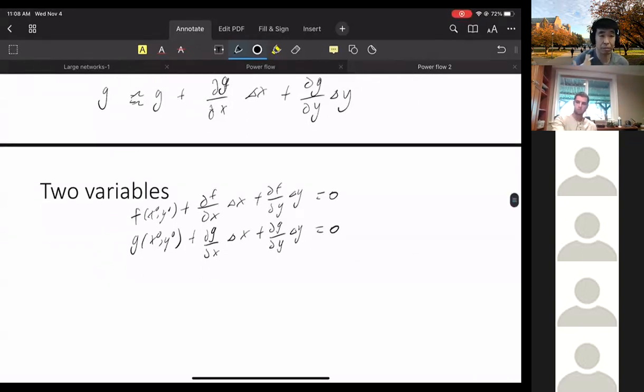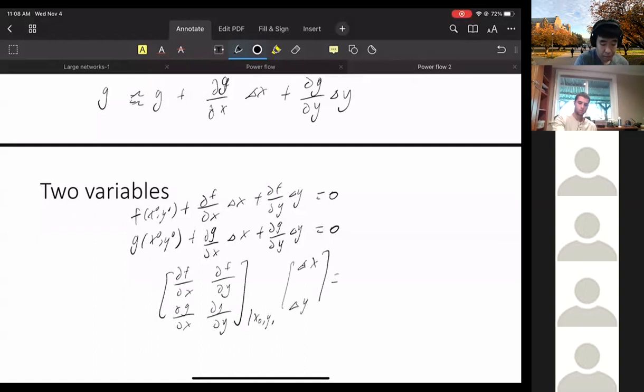Again, we're going to assume that we can solve a system of linear equations. So collecting them into a matrix form, evaluated at x0, y0, times delta x, delta y, equals f of x0, y0, g of x0, y0. Okay, so this is just collecting them into a linear system.